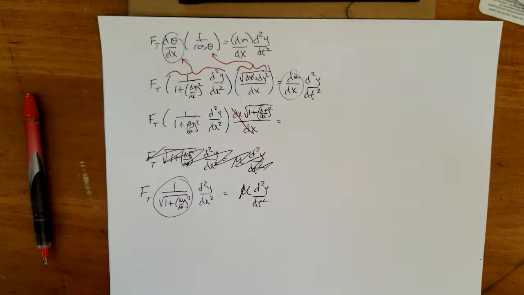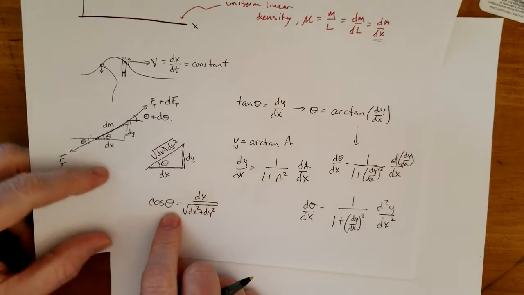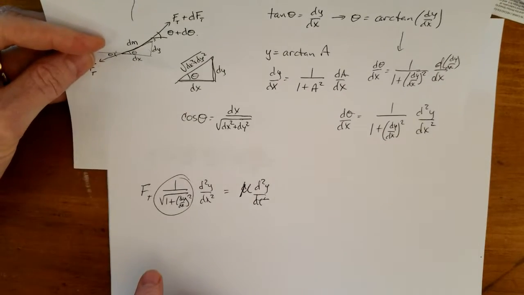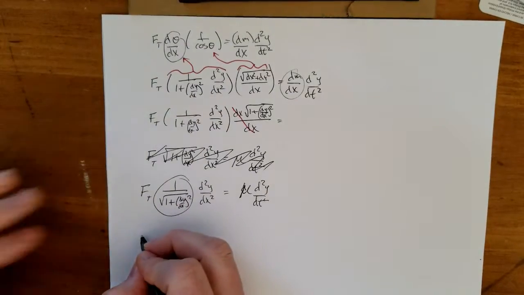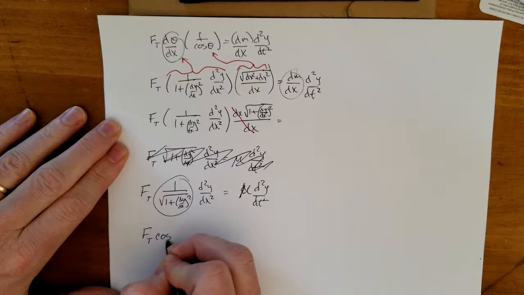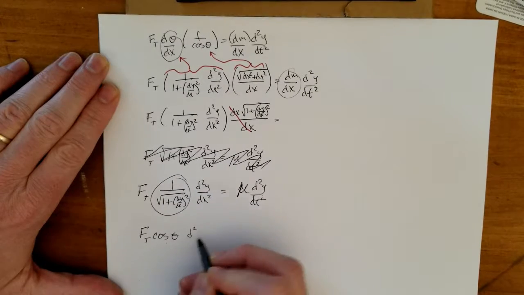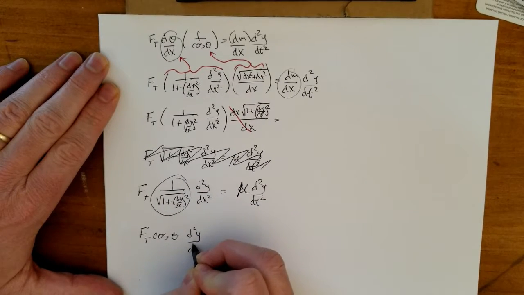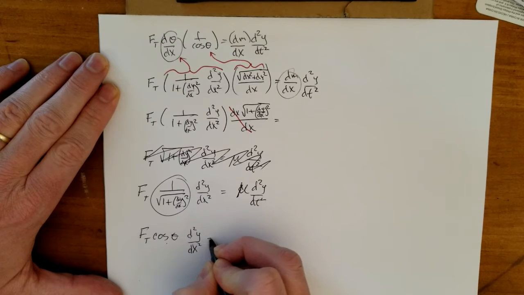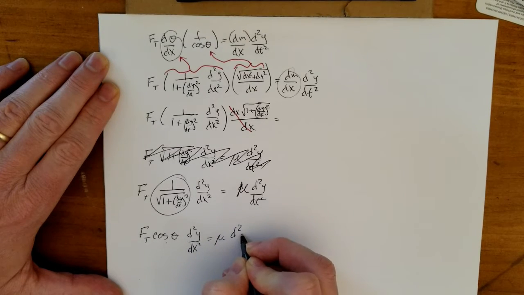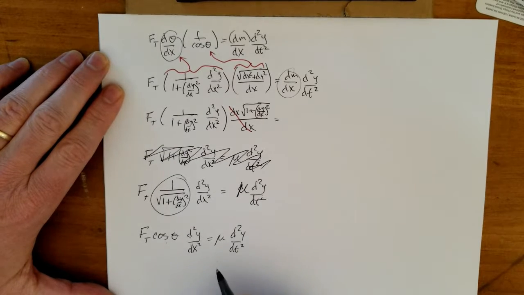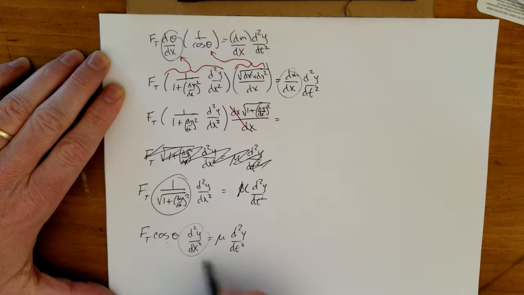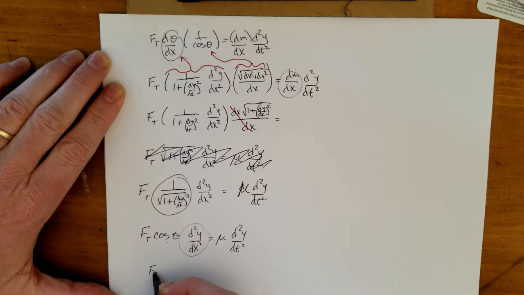That is just the cosine of theta. If we factor the dx there, they would cancel out. So this becomes the tension times the cosine of theta, d squared y dx squared is equal to mu d squared y dt squared. If we divide both sides by this, I get tension.